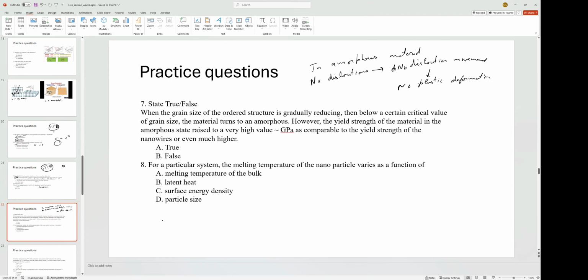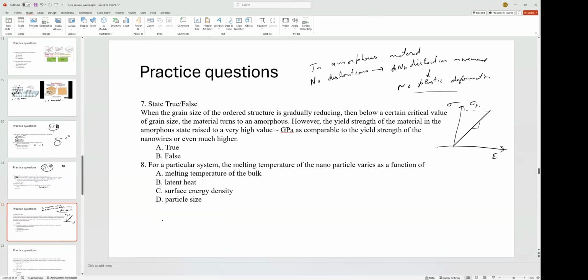Glasses have very high yield strength. So if there is no plastic deformation, your stress-strain curve looks almost linear. Okay, stress, and slope is there. And this is the yield strength.